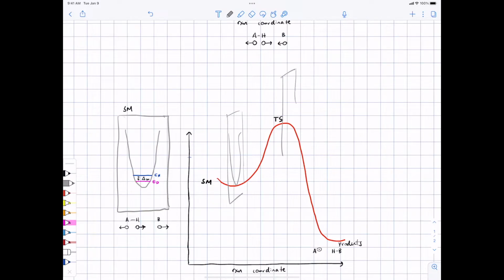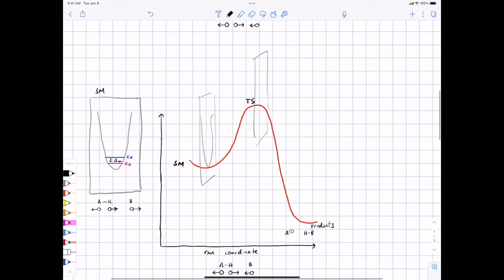So I'm going to illustrate the transition state: hydrogen is here, B is here, A is here. B and A are both moving away from hydrogen, and hydrogen is sort of motionless if it's evenly shared between the two of them, right?